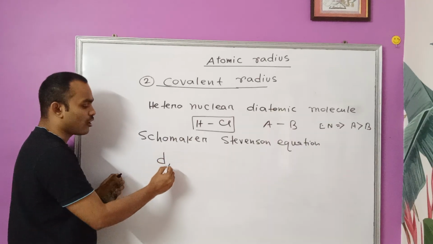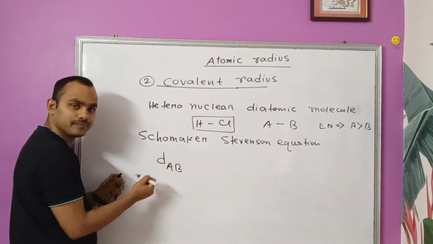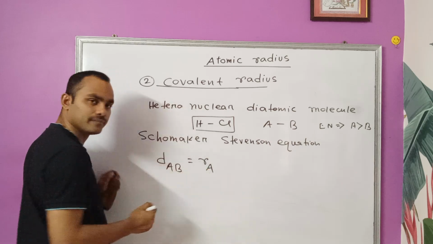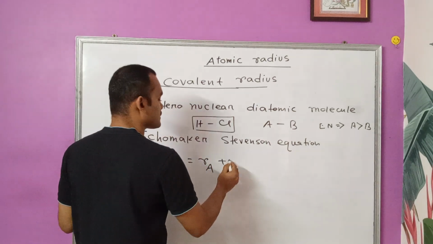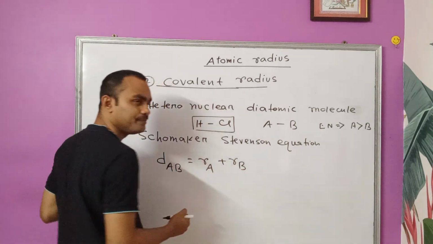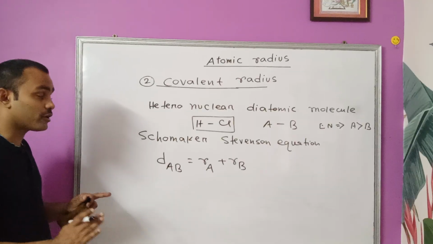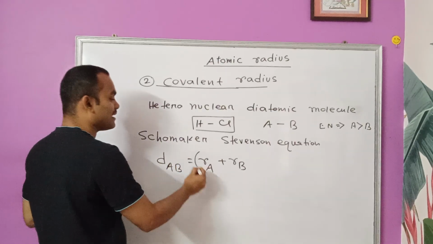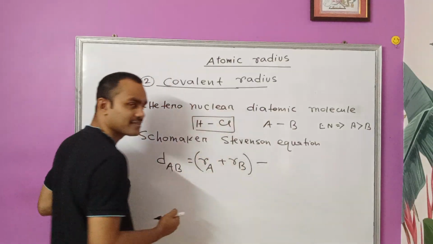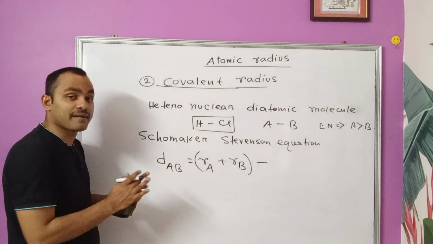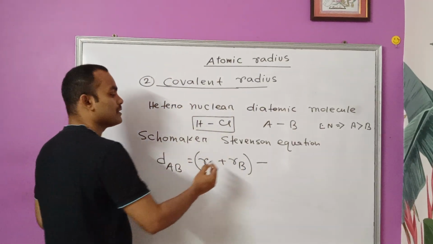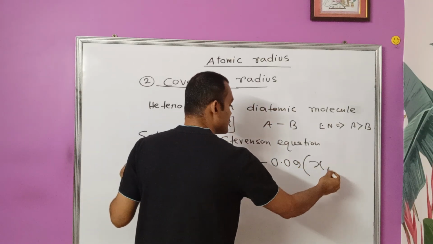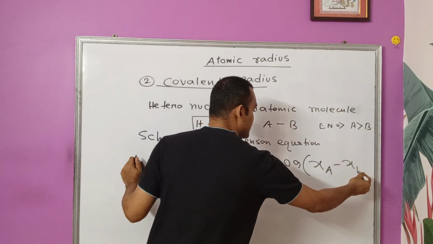So how will we calculate the covalent radius for that molecule? Diameter of this AB molecule is equal to radius of A plus radius of B. But for the difference in electronegativity, one factor will be subtracted: minus 0.09 into (xi A minus xi B).